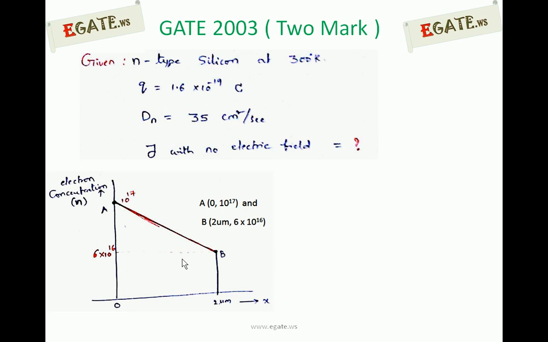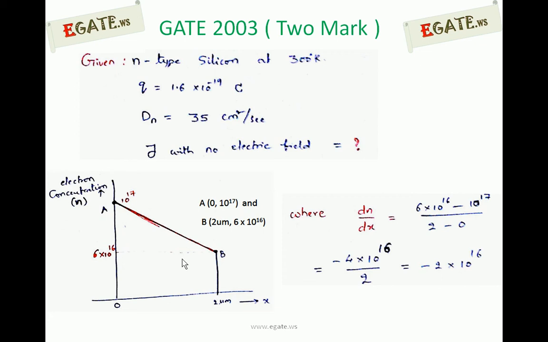Calculate the concentration gradient dn by dx. dn by dx is the slope between 2 points of a straight line, so it is B minus A: 6 into 10 power 16 minus 10 power 17 divided by 2 minus 0. So it will be minus 4 into 10 power 16 divided by 2, that is minus 2 into 10 power 16. dn by dx, the concentration gradient of electrons, is calculated.